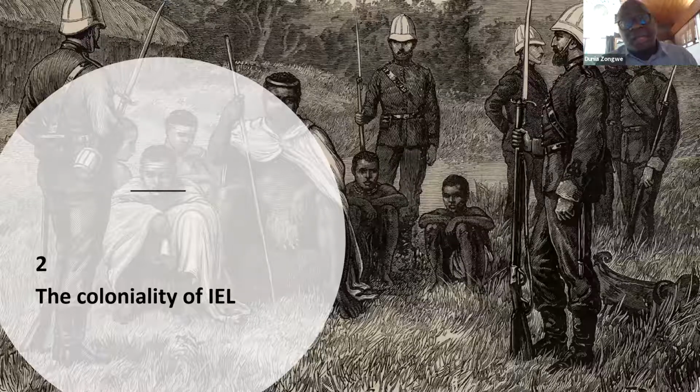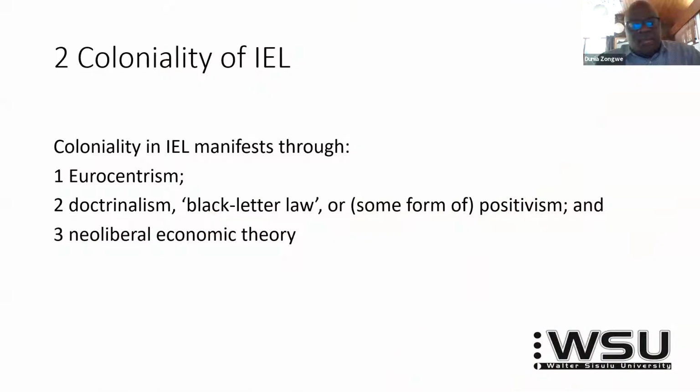Coloniality in international economic law manifests through 3 phenomena: 1, Eurocentrism, 2, doctrinalism, and 3, neoliberalism. I don't think I'll have to define Eurocentrism, but if you have questions about it and how it affects international economic law, I'll be able to deal with that in the Q&A session.